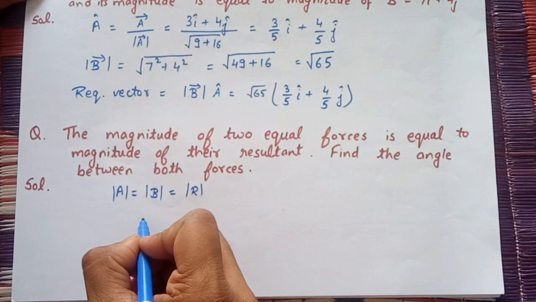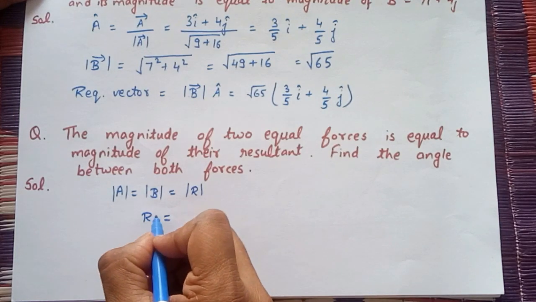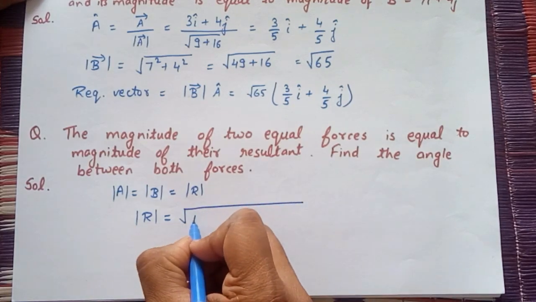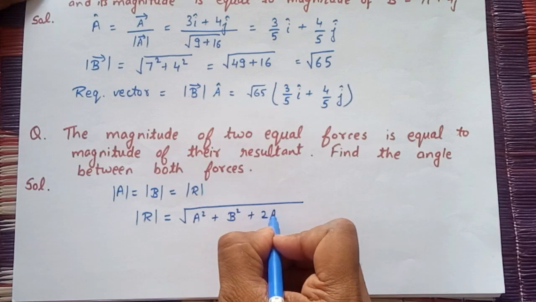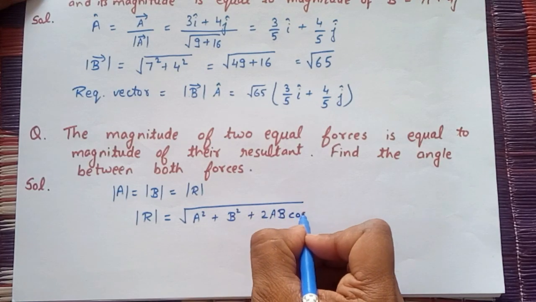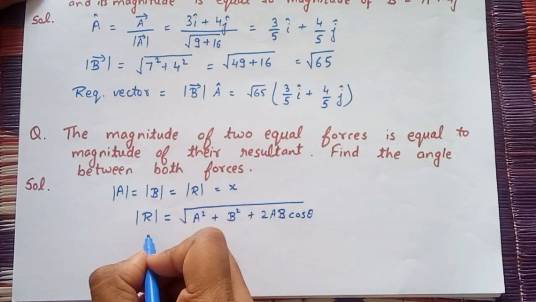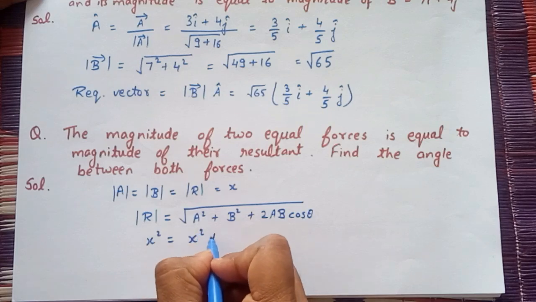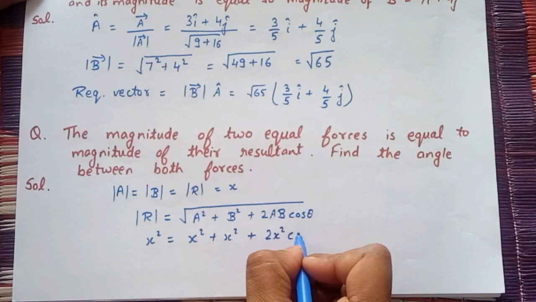So we know that modulus of R is equal to the square root of a square plus b square plus 2ab cos theta, taking each of them as x. So x square will be equal to x square plus 2x square cos theta.